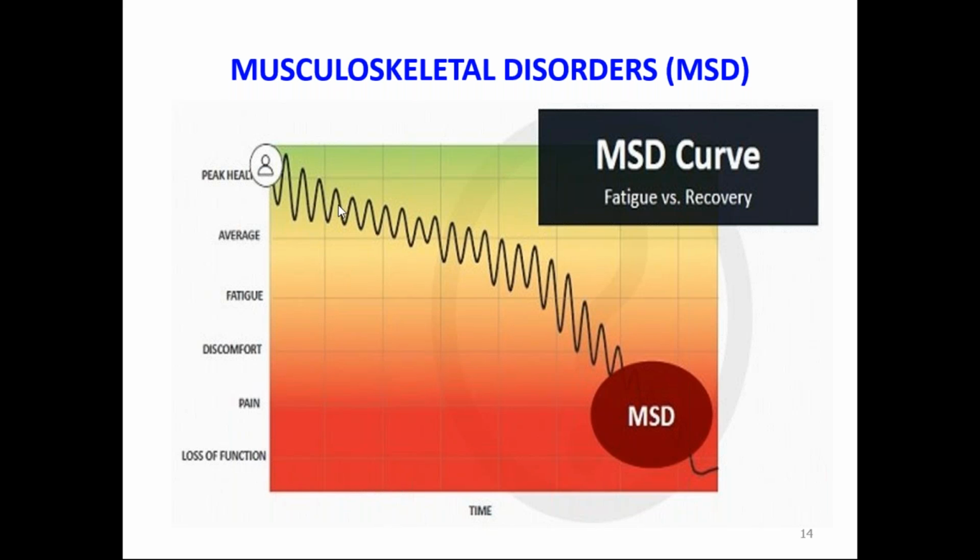So this is very important, so that you can understand at the initial level, with respect to time, when your health is good, that you have to identify these risk factors, and we have to take proper treatment. We have to follow a proper procedure to avoid these MSDs.